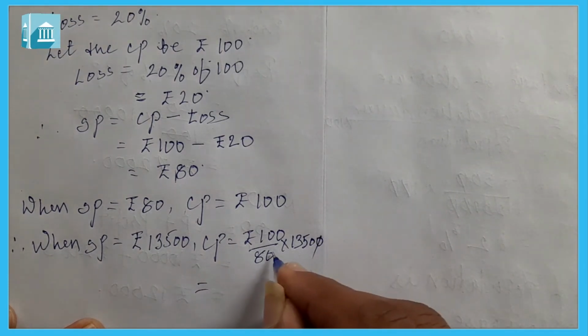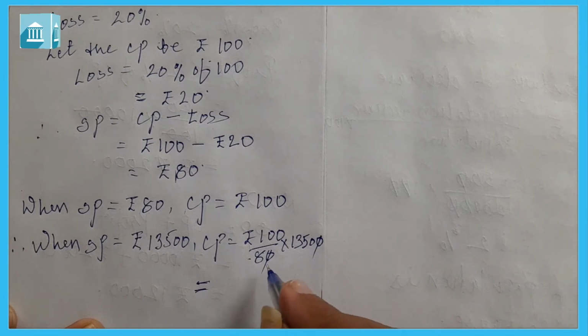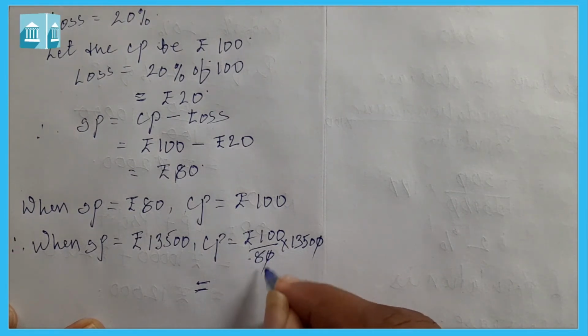So here this 0 and this 0 are cut. Now we can also cut like this. It will be 4, here 2.